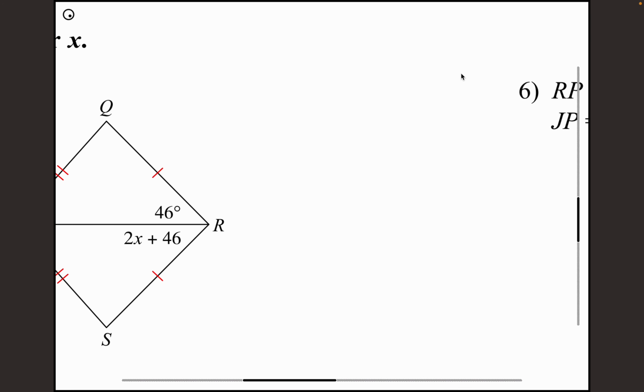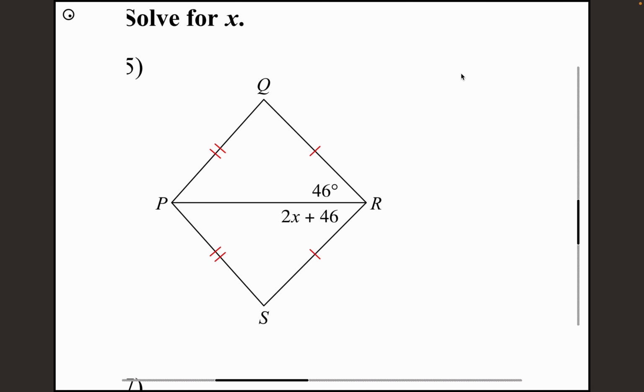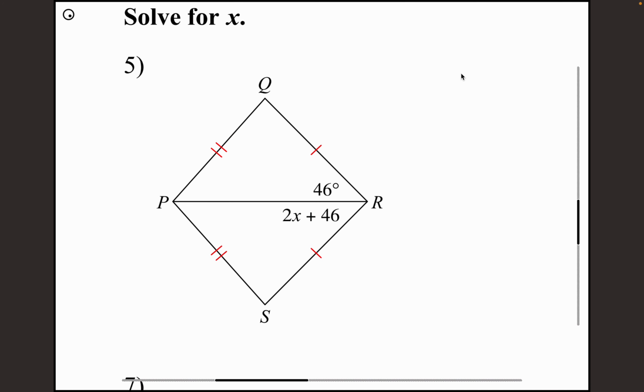Now, let's go ahead and look at number 5. We're going to add a little bit of algebra now. What did we just talk about? Are angles P and R, the whole angles of P and R, congruent? No, they are not. So, is this an angle bisector? It is an angle bisector. So then how do I set this one up to solve it? Yeah, Rebecca?